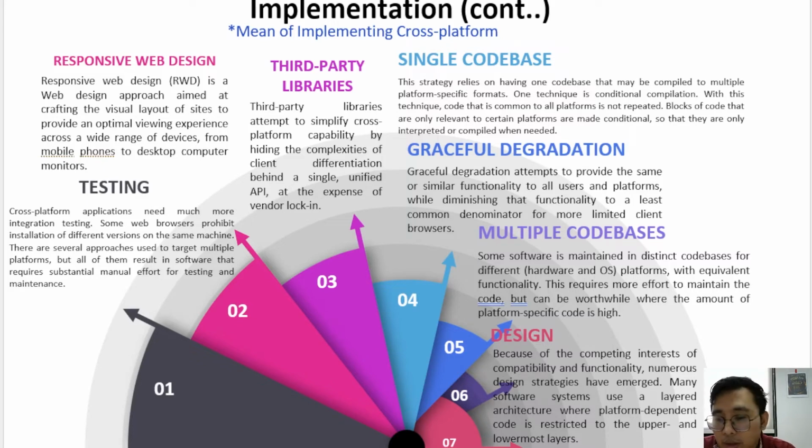Because of the competing interests of compatibility and functionality, we need to have a numerous design strategy, and many software systems use layered architecture to overcome this platform dependent code, and by doing that we can restrict this to the upper and lower most layers that would help in the implementation of cross platform.